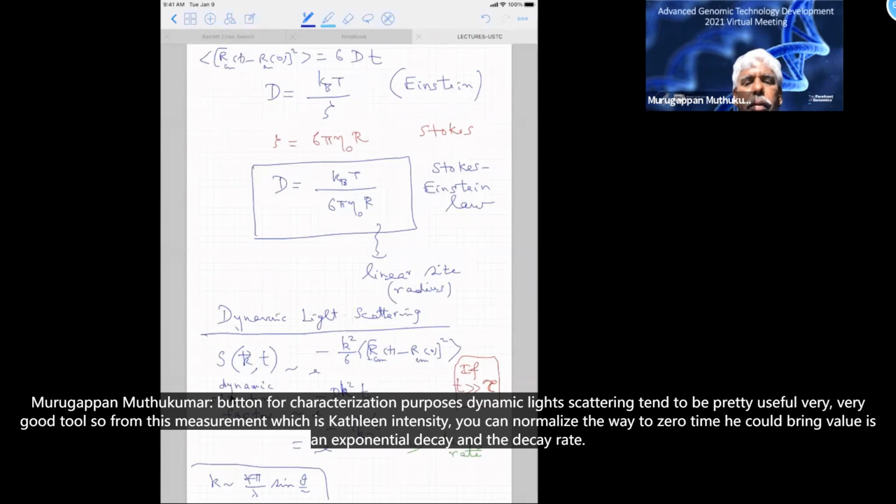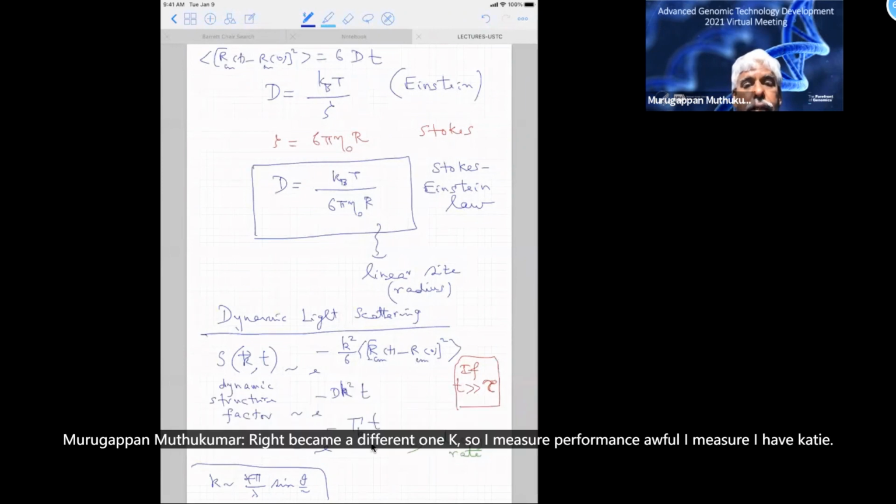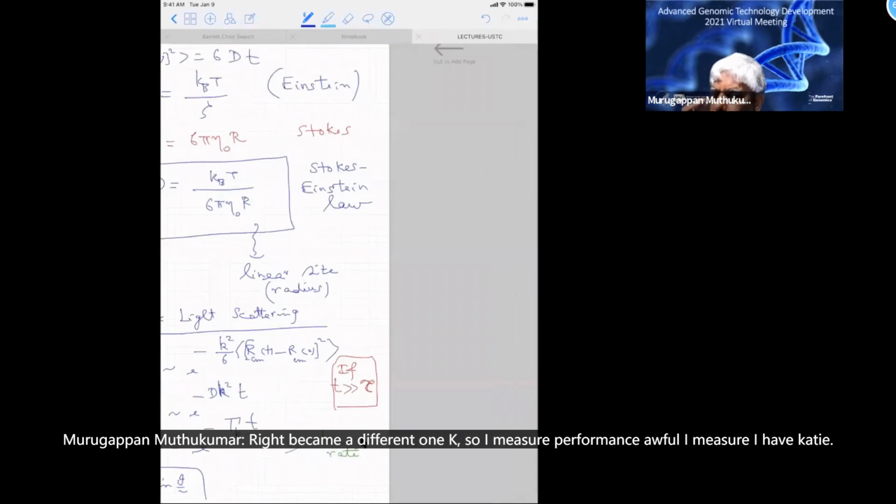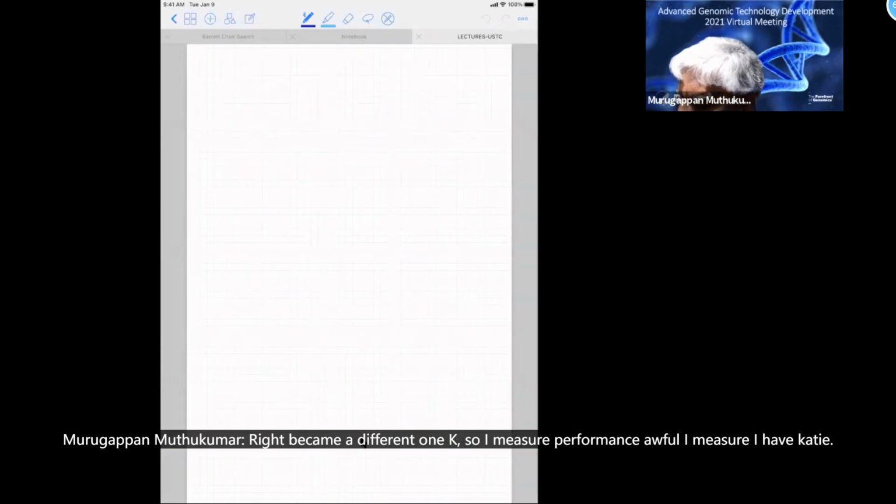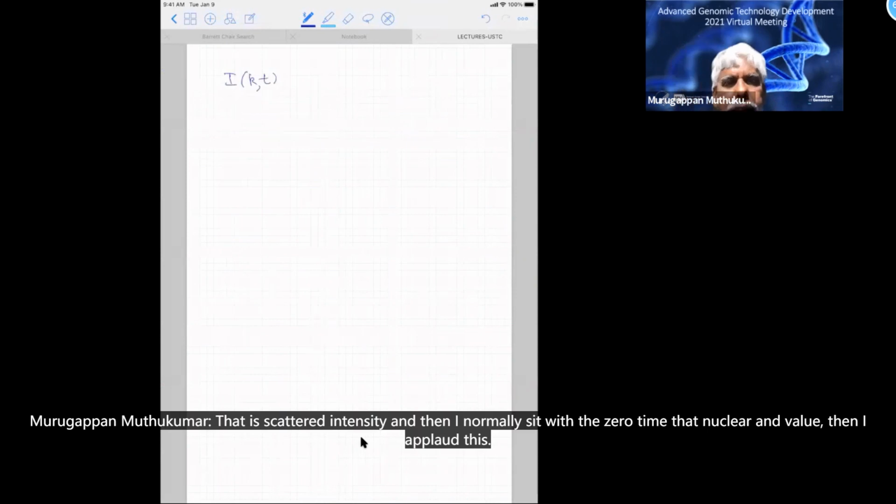So from this measurement, which is scattering intensity, you can normalize it with the zero time equilibrium value. Here's an exponential decay, and the decay rate depends on k. So I measure, for example, I of k and t, that is scattering intensity, and then I normalize it with the zero time, that's the equilibrium value.